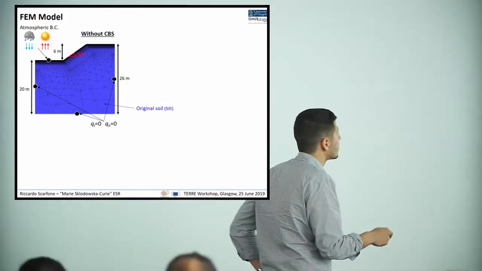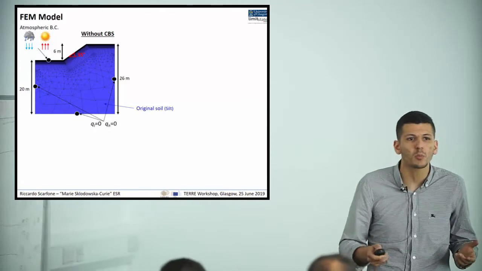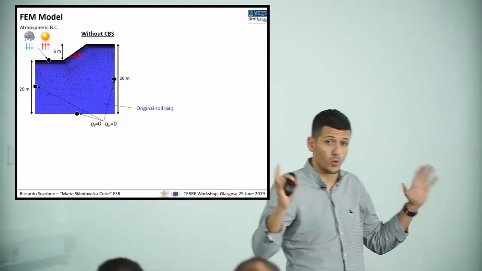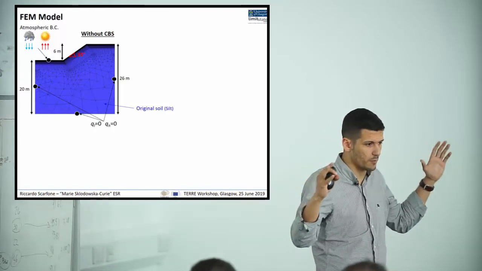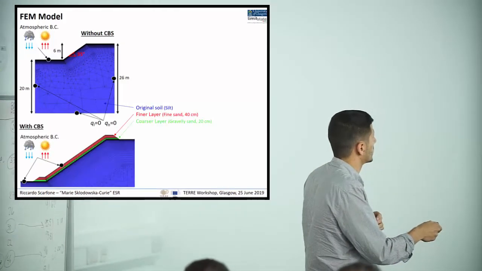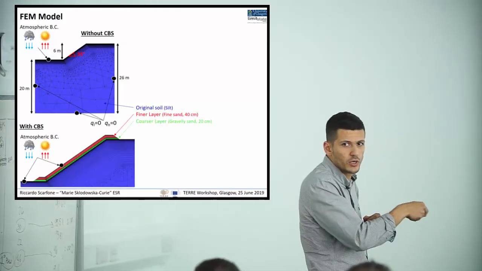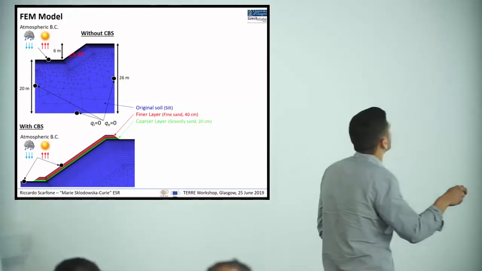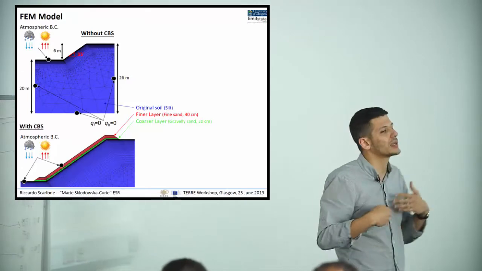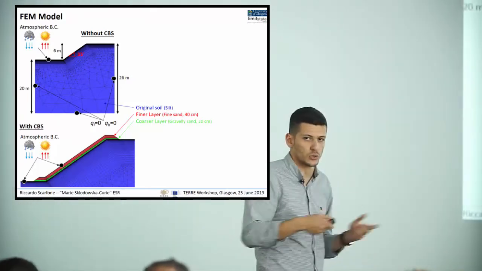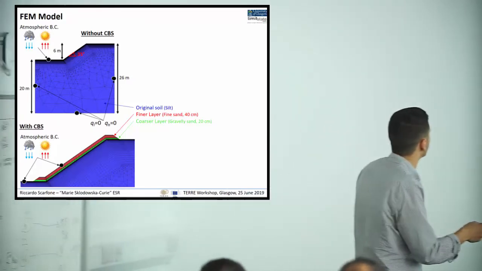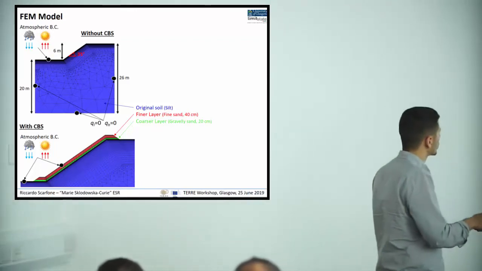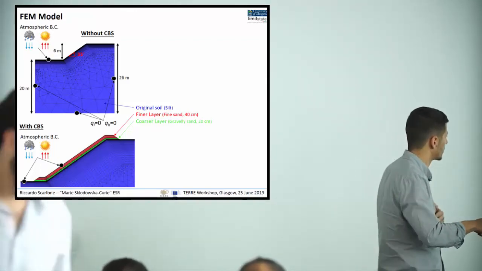The lateral and the bottom boundary conditions are impermeable to liquid and heat flow, but it's not very important because we place them sufficiently far from the interesting zone, where basically they don't really affect the problem. And at the top boundary, we applied an atmospheric boundary condition that we will see in more detail in a couple of slides.